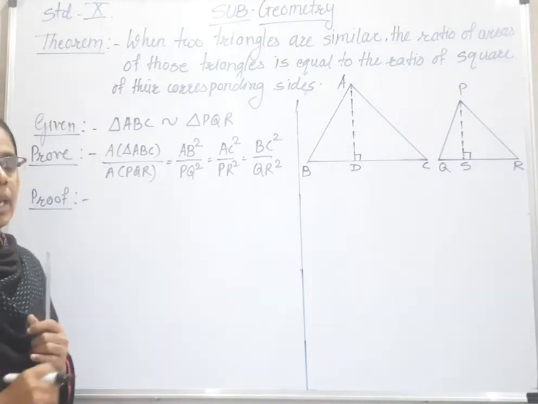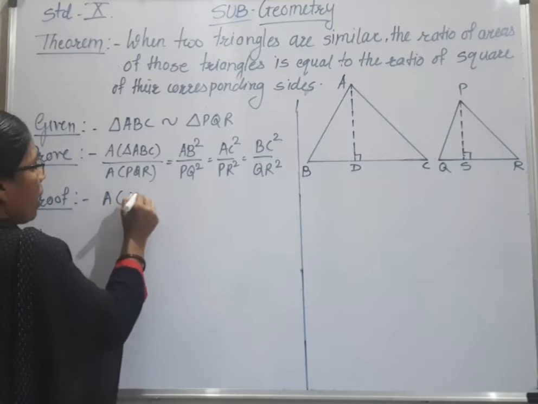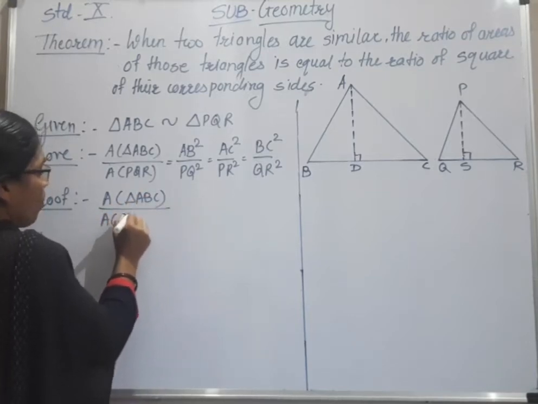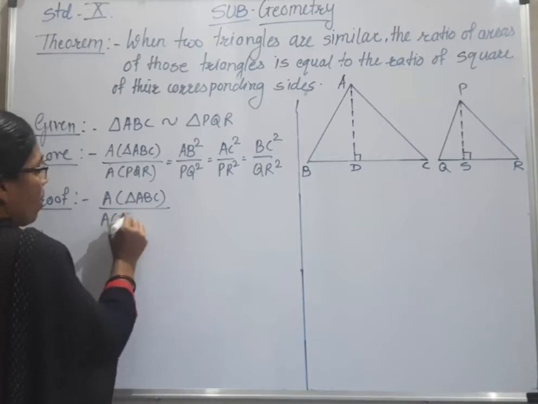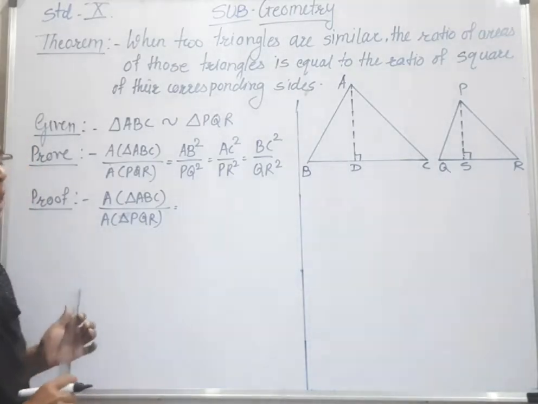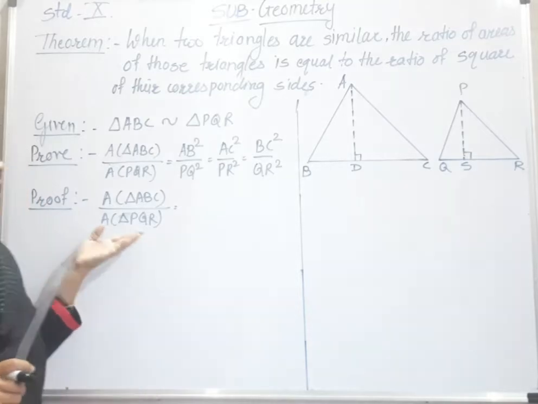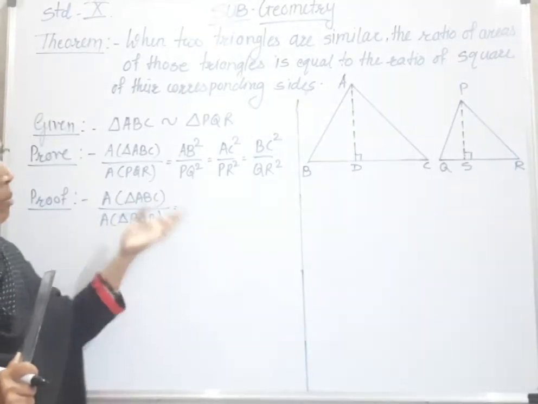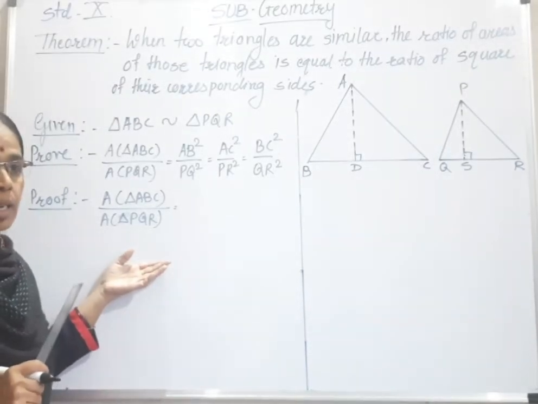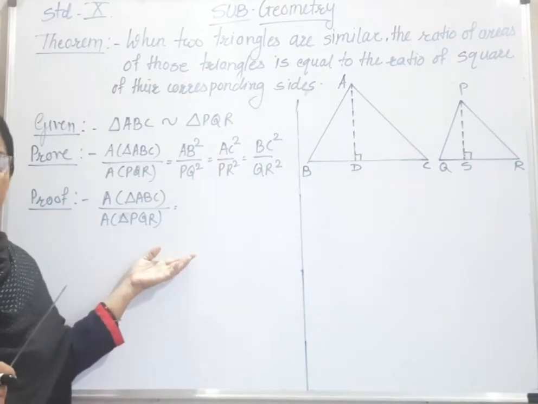Now, area of triangle ABC upon area of triangle PQR is equal to, as we learned in the first part, when the height and base of two triangles are given, the ratio of areas of the two triangles is equal to the ratio of the product of their corresponding height and base.